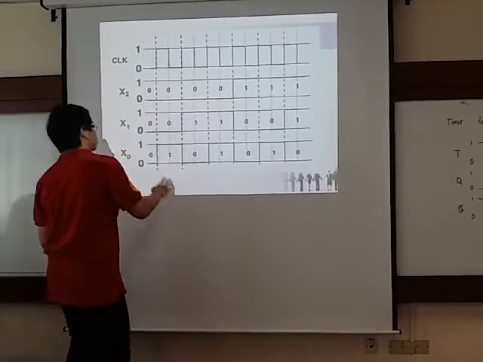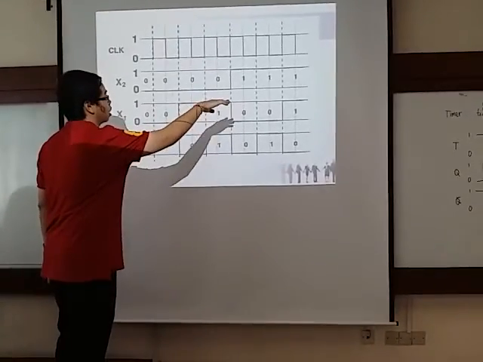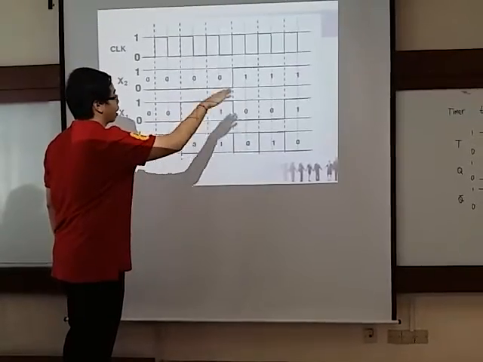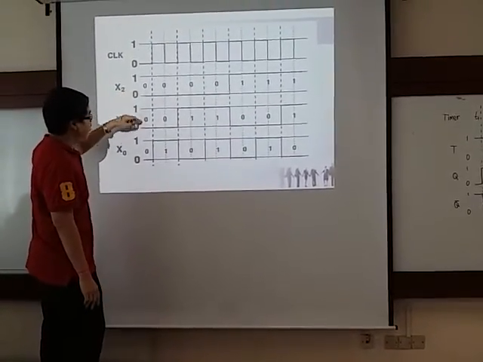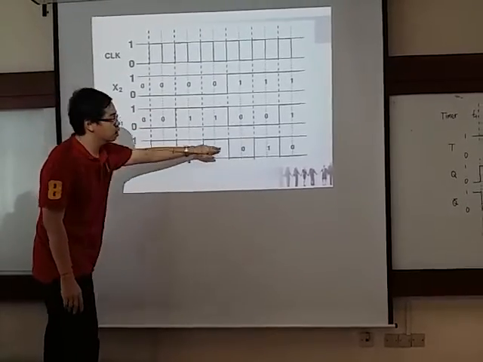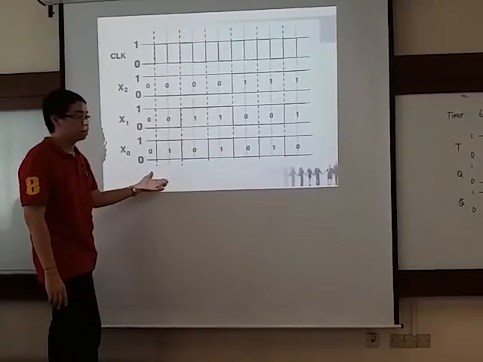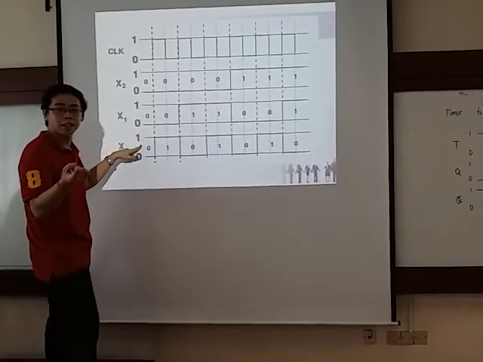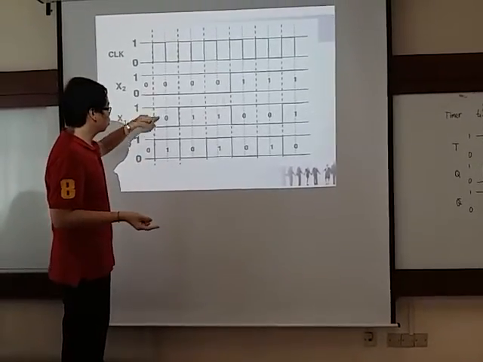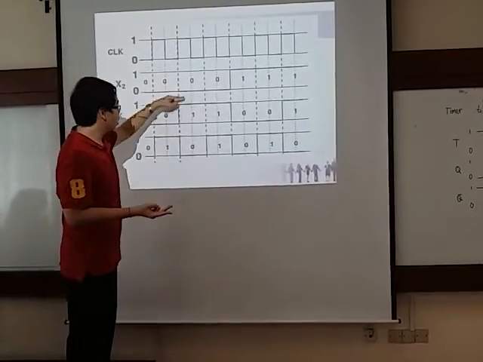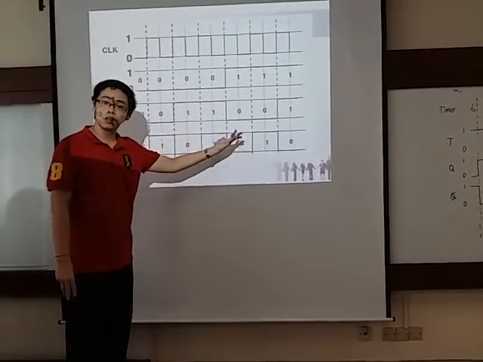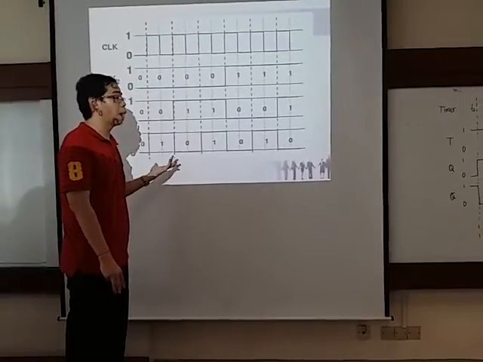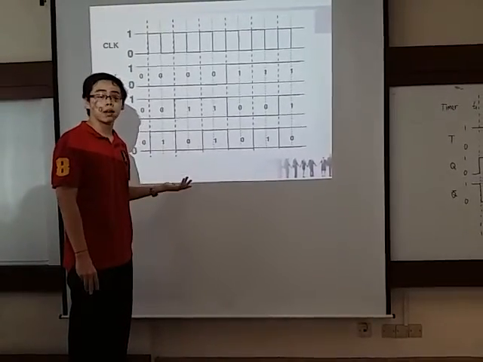After you draw all the input-output timing diagrams, you can label 000, 001 and discover that 000 is the first number of the binary system, 001 the second, 010 the third, and so on. So this makes a binary counter system.